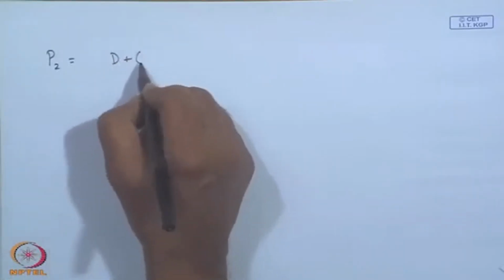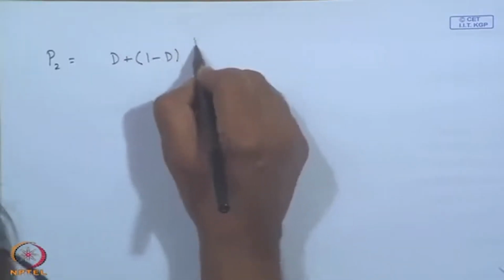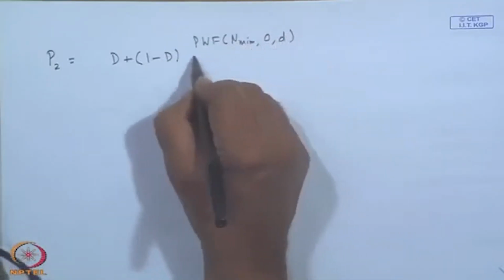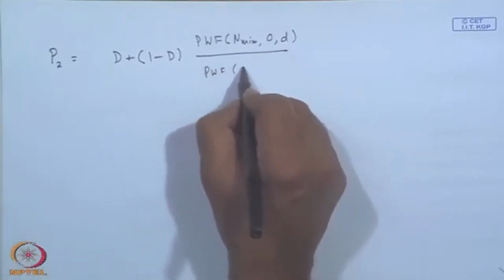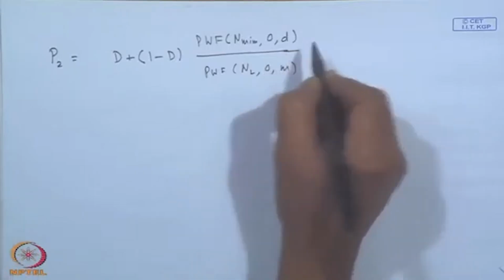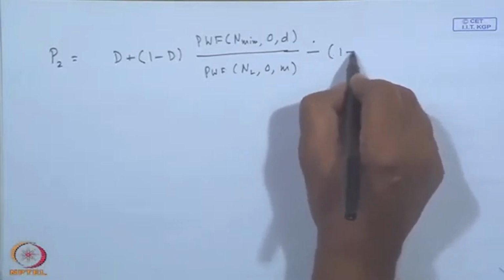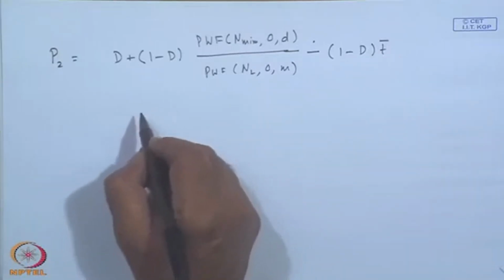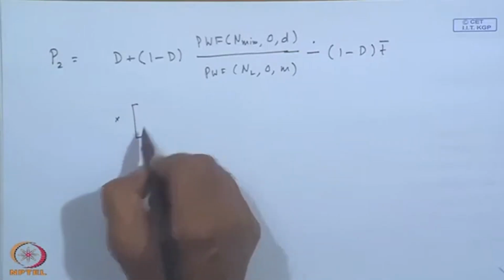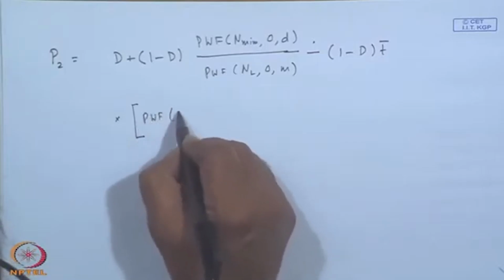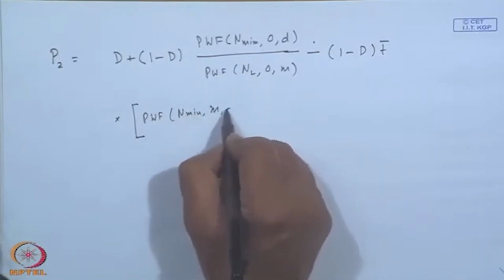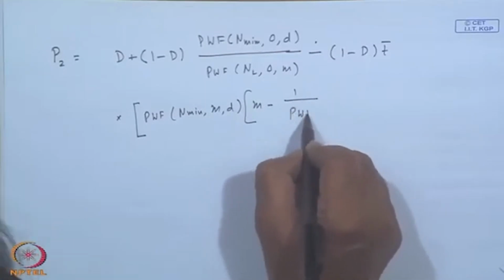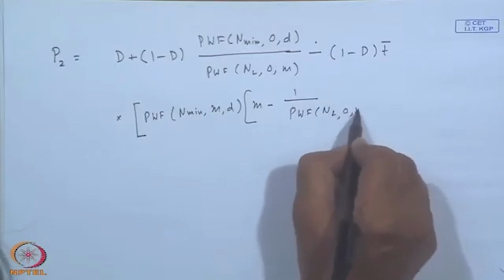D plus 1 minus D, and present worth of N minimum, 0, D upon present worth of NL, 0, M, times minus 1 minus D into T bar, and this multiplied by present worth of N minimum, M, D, times M minus 1 by PWF of NL, 0, M.